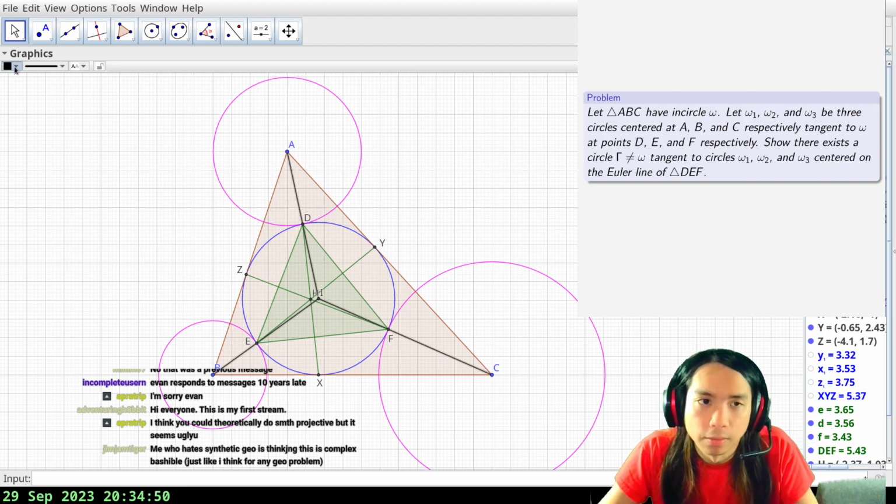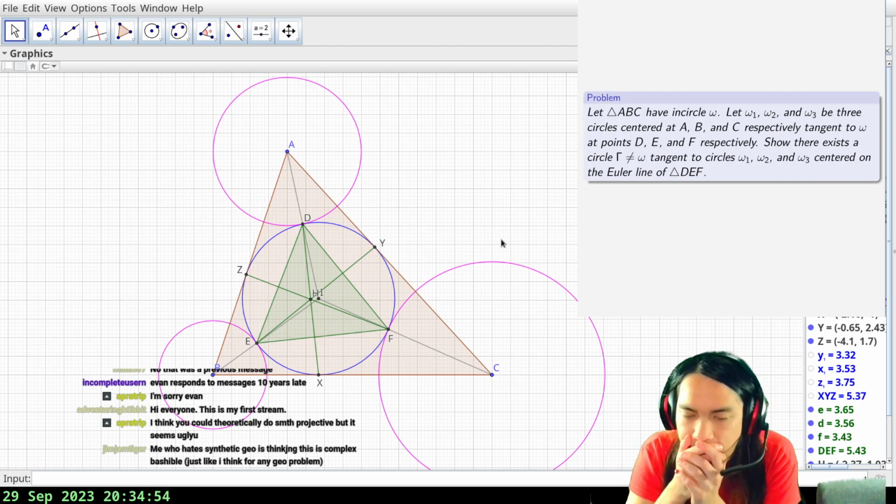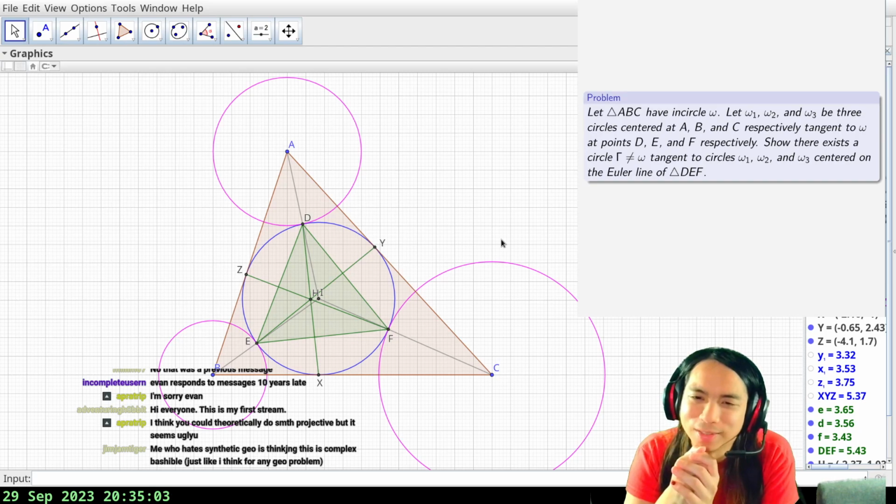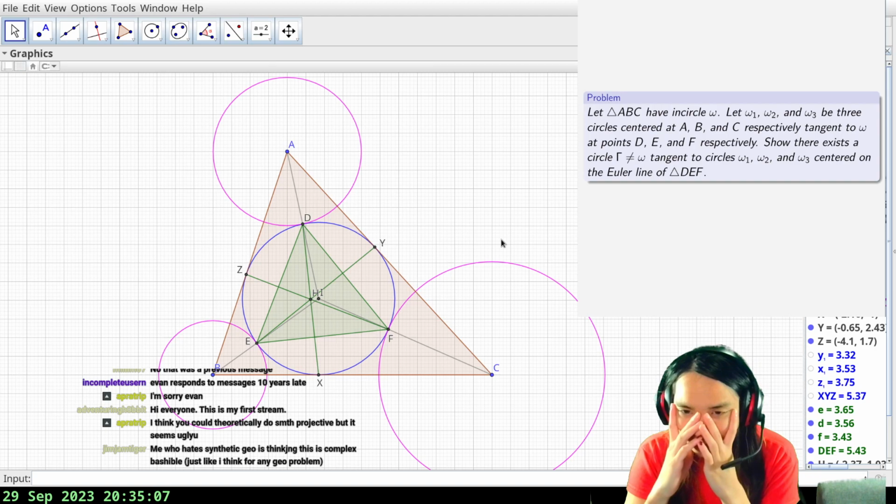We'll gray these out slightly. So it's like the circle centered at, what the heck is this? It's a circle tangent at D such that the center is the pole of YZ. The heck?